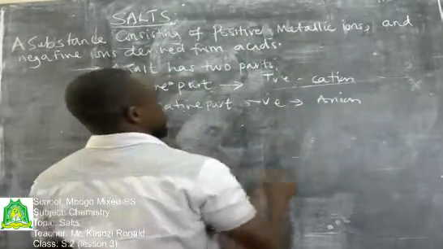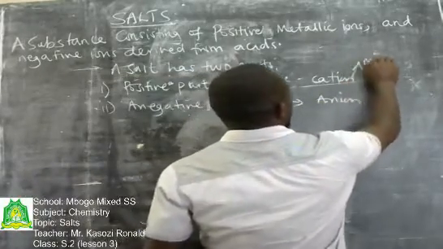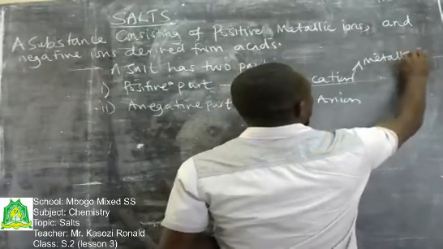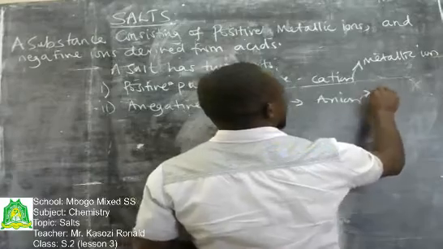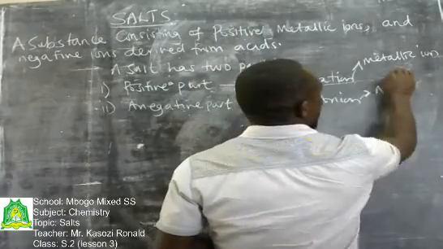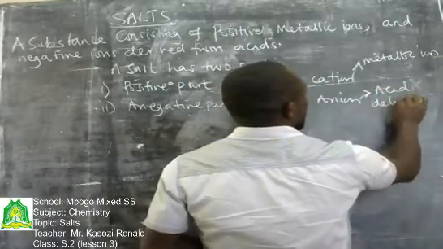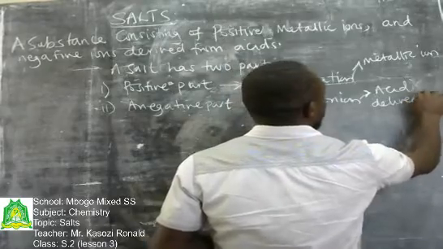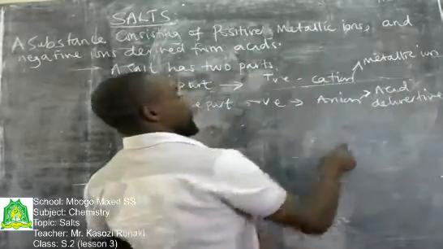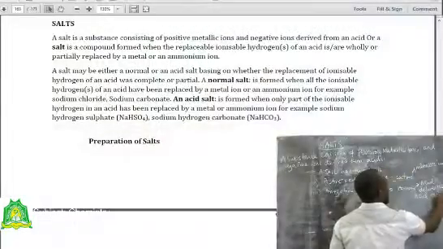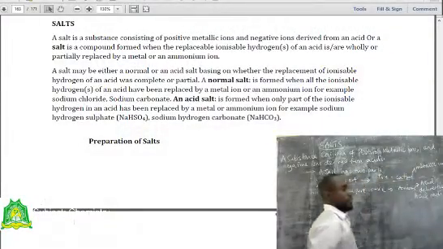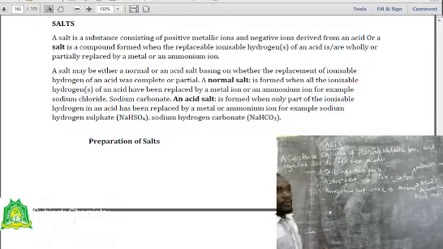The cation is the metallic ion, and the anion is the acid derivative, or what we call the acid radical. So that's what we can say about the salt.